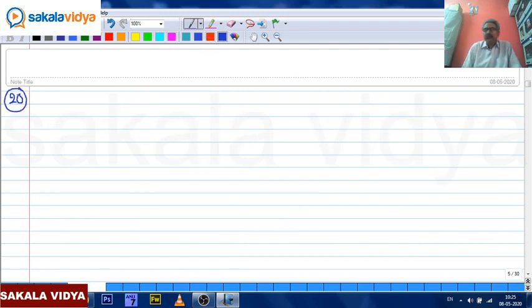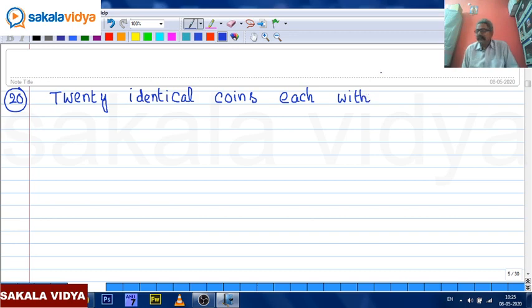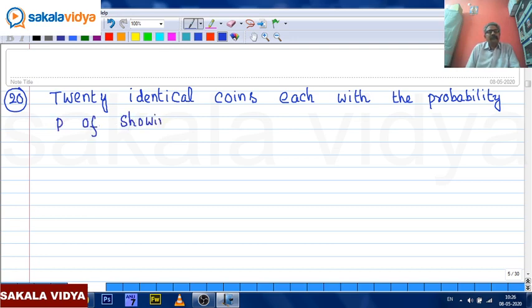Twentieth problem. 20 identical coins, each with the probability P of showing heads, are tossed.